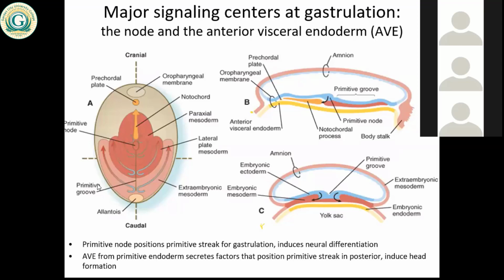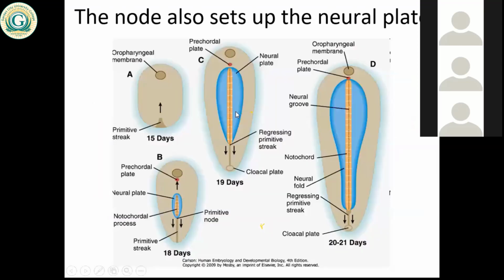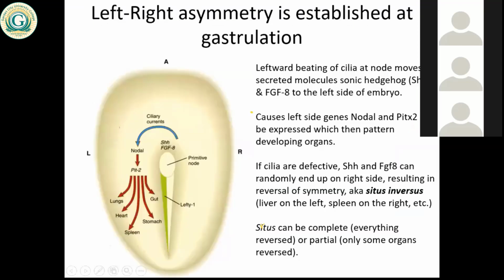So understand it carefully. Now, the last aspect is gastrulation. This page is showing you the cells. We have genes like the sonic hedgehog gene, FGF genes, whose function is to activate these movements of the baby in gastrulation.